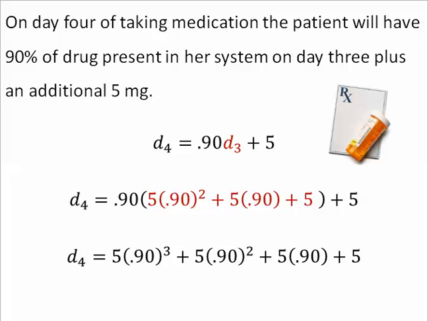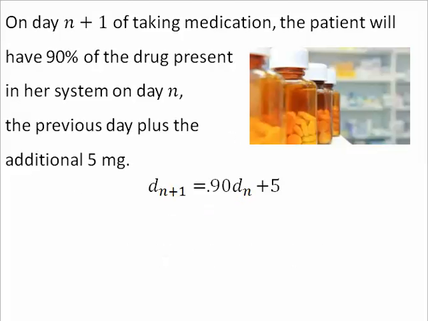Okay, so think how you would generalize this. Here's one way of generalizing it. On day n plus 1 of taking medication, the patient will have 90% of the drug present in their system on day n, which is the previous day, plus the additional 5 milligrams.